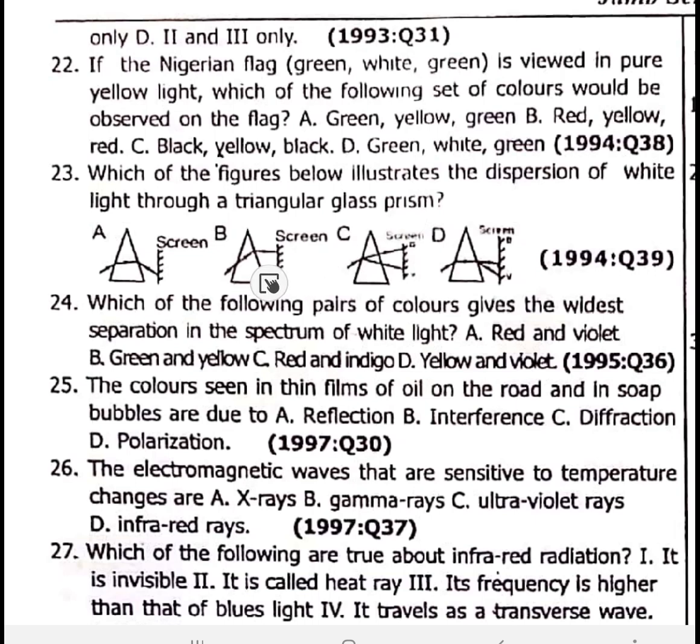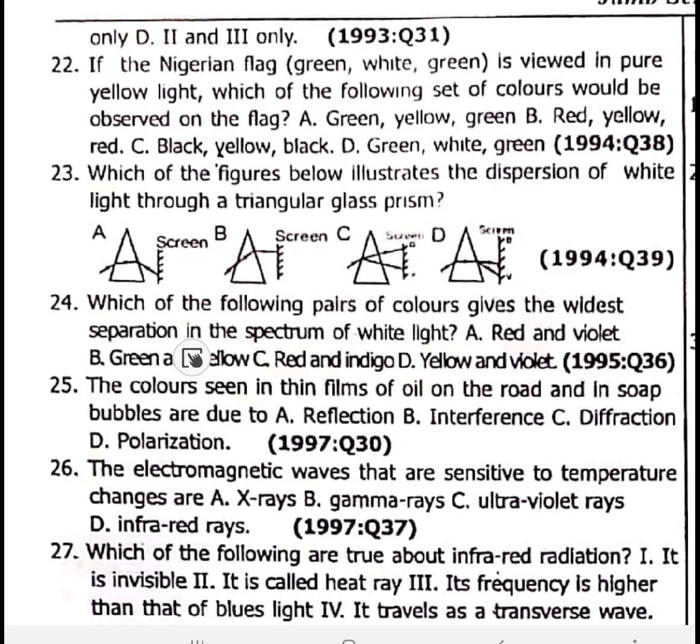So 23. Let me see. Option A, no. You're having your option C, because the splitting of the light will occur at the first air to glass interface, not at the second one. So number 23 is option C.